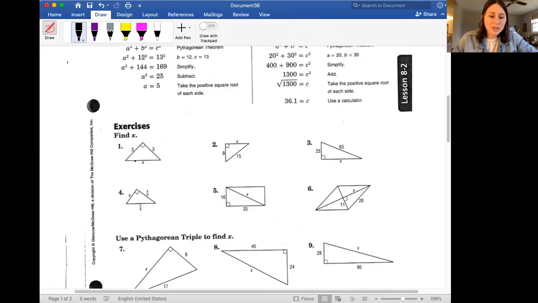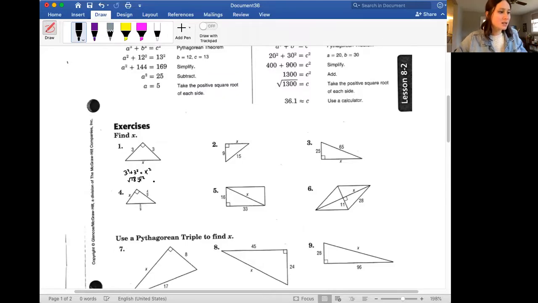So number one, x is our hypotenuse. We can also tell because it's across from the right angle. It's the longest side and it's across from the right angle. So we know this one would be 3 squared plus 3 squared equals x squared. Plug that into our equation: 9 plus 9 equals 18. 18 equals x squared. To get rid of our square, we can square root.